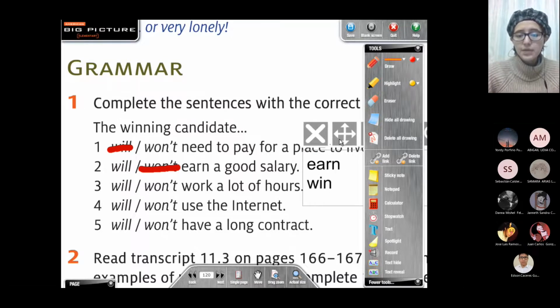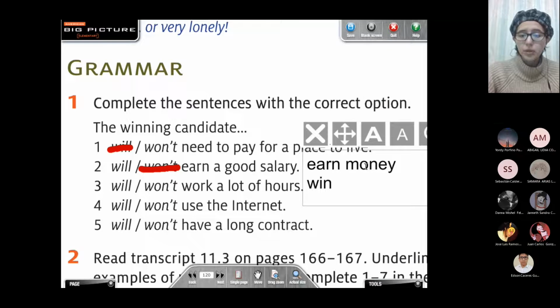But the difference is that earn is going to be only for money. Earn money. Right? And win is going to be only for sports. So win a lottery, win a championship, win a soccer match. Yes, that's going to be the difference.